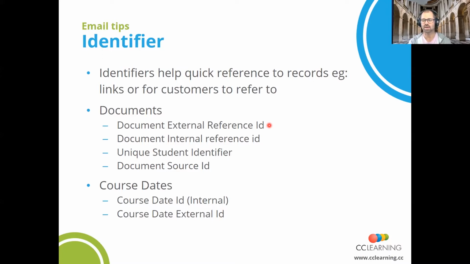There's another ID kept within Course Sales, which is called the document source ID, and that can allow you to have a direct connection with any enrollments into a learning management system that you happen to have. So in reality, unless you're using Moodle or something like that, you're probably not going to use the document source ID because it's not going to exist in the system. You don't have access to it. It's something that's stored internally within Course Sales.